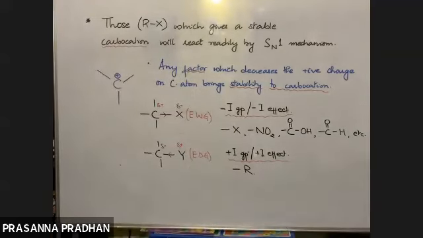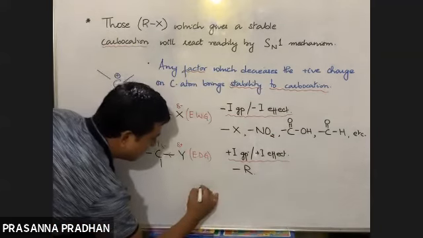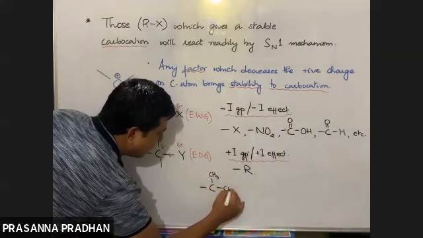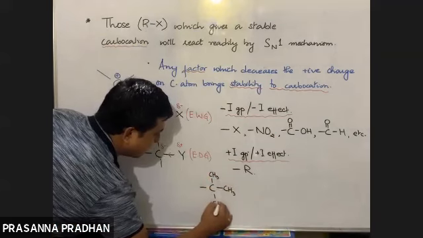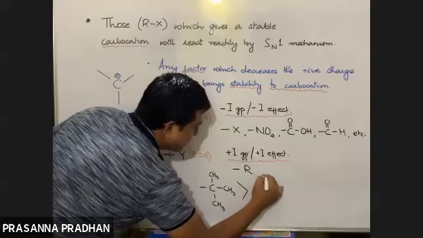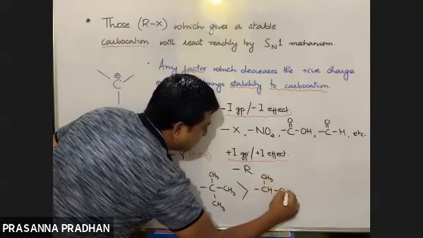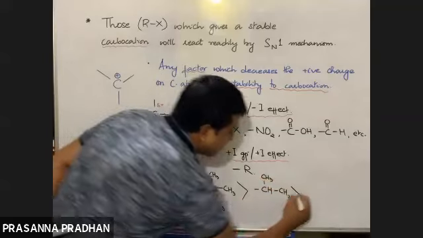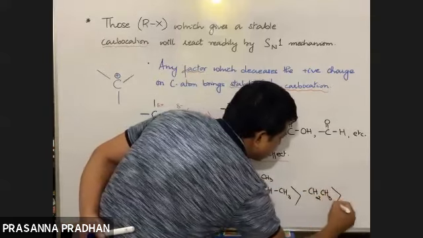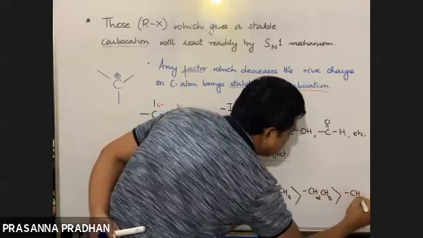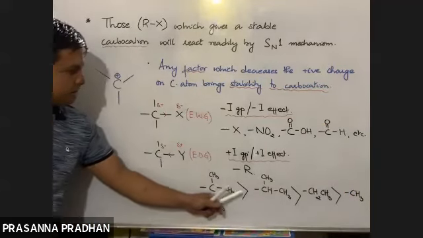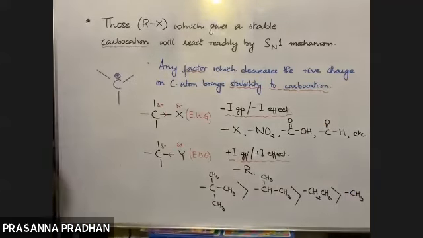And remember, as the number of carbon atoms increases, the plus I effect will also increase, like this. So this is the order of plus I effect of some alkyl groups.